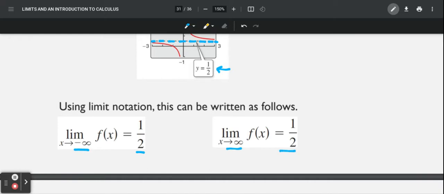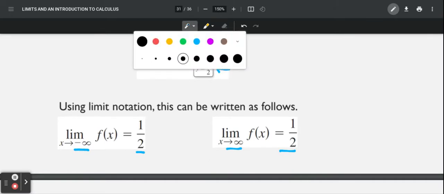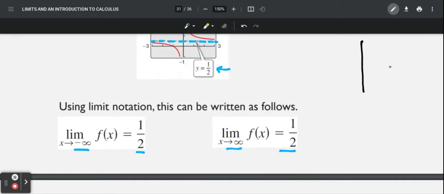So it's possible that your limit as you're approaching negative infinity could be different than the limit as you're approaching positive infinity. Because let's say that you had a graph that looked like this.